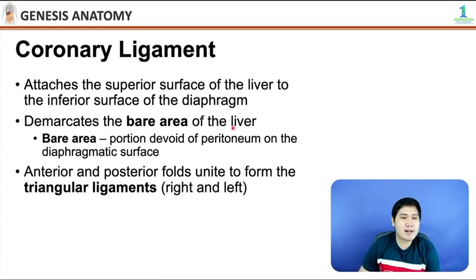Superiorly, your falciform ligament is continuous with the coronary ligament, and it demarcates the bare area of the liver. Bare area is a portion devoid of peritoneum, so it lacks peritoneum. Your coronary ligaments will unite to form the triangular ligaments.